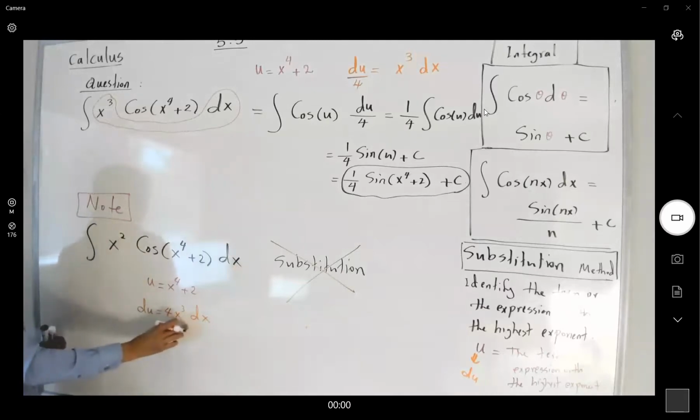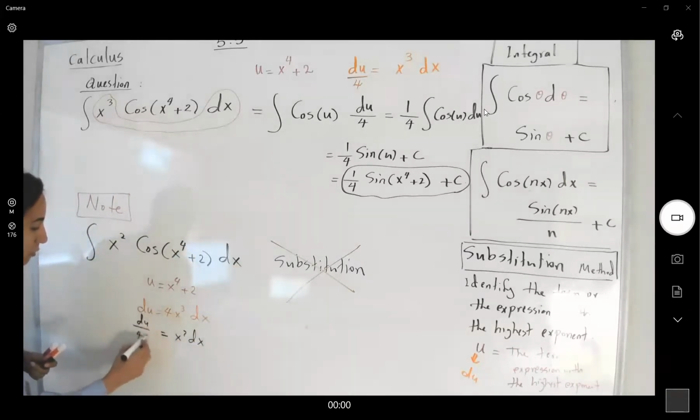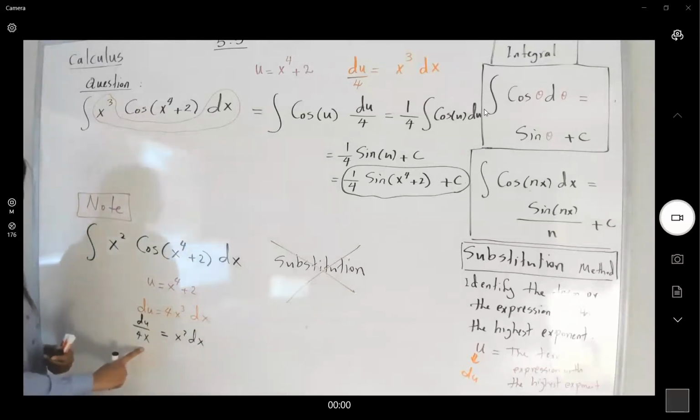You cannot just simplify this and say that x squared dx is du divided by 4x. You're creating another x in the denominator. It's not working.